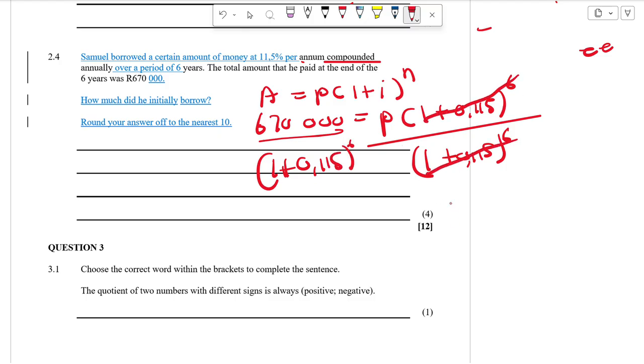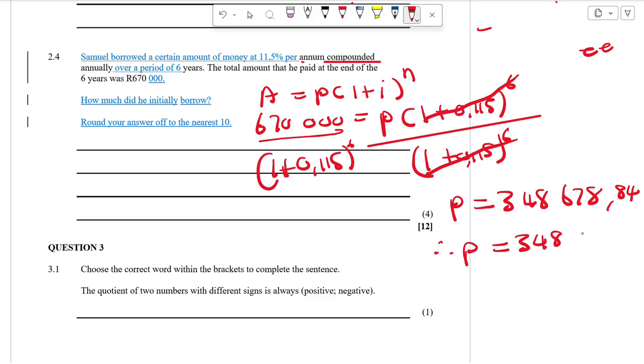You press your calculator, and you'll find that you borrowed 348 678,84. When they say round it to the nearest 10, it means he borrowed 348 680.